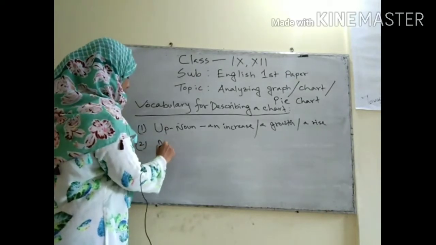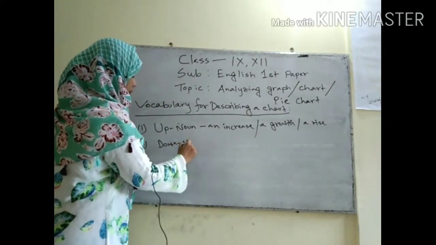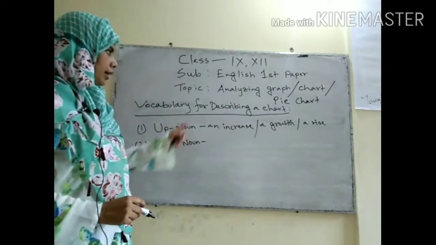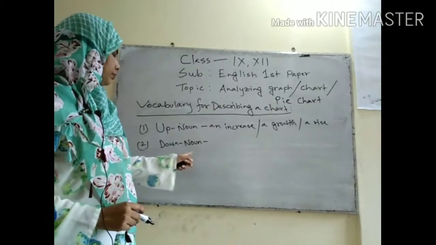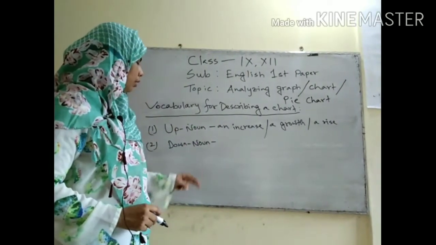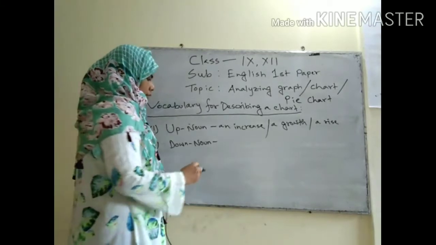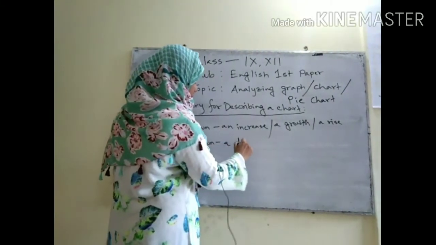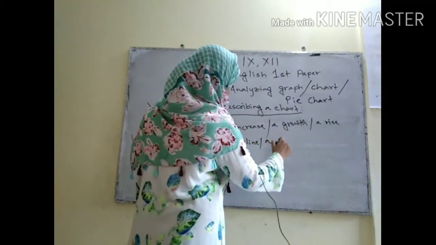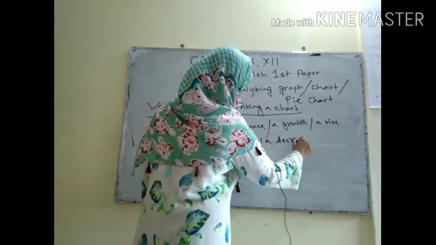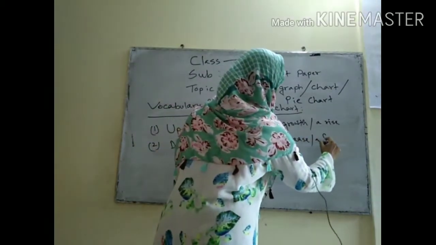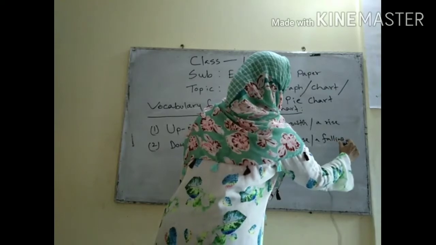Then down, noun. If there is a description of something falling down, then you can use the noun, a decline, a decrease, a falling trend.